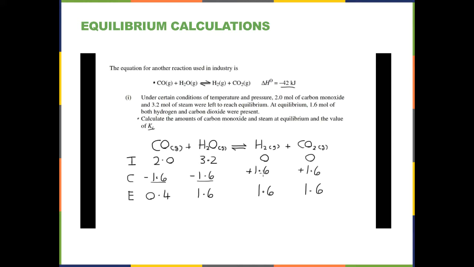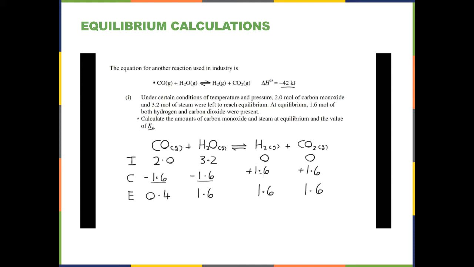It shows you right here the ICE table, with the starting concentrations, the initial, and the change, where you added 1.6 on the right to each, so you subtract 1.6 on the left because all the coefficients are the same.